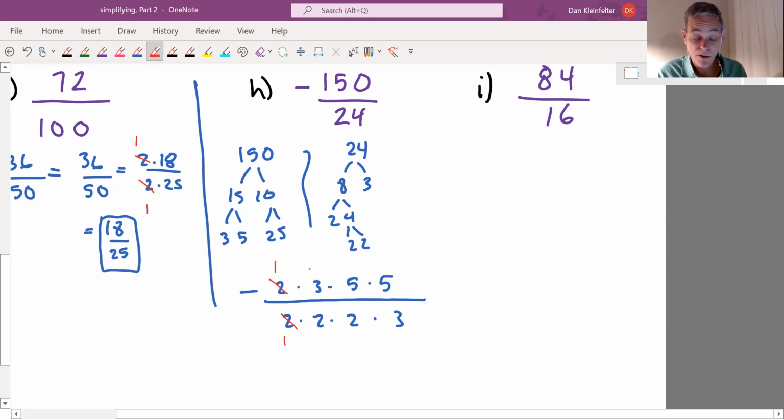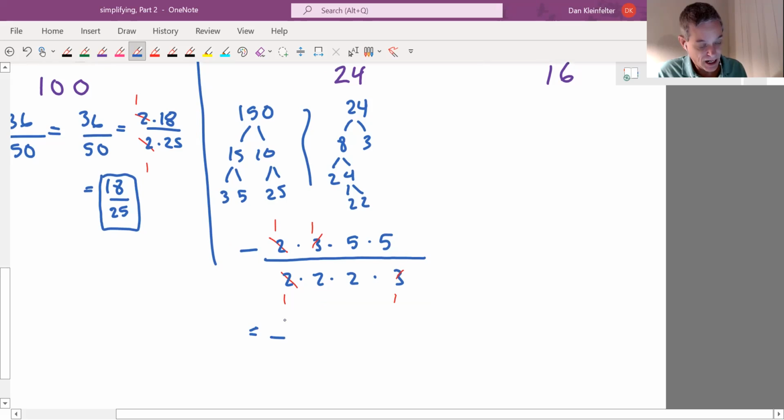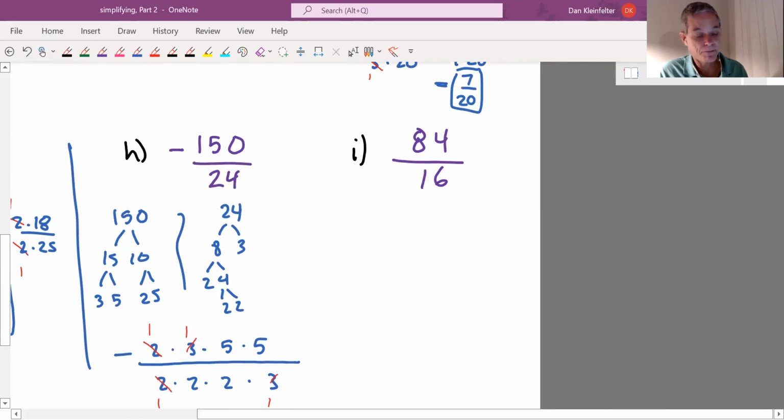And then there's also a 3. We're going to divide the numerator and denominator by a 3. Okay, so this will leave us negative. And then in the top, we'll have 25. And in the bottom, we will have a 4. And that does it.